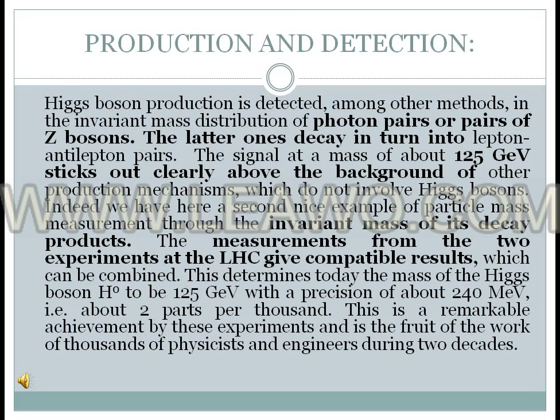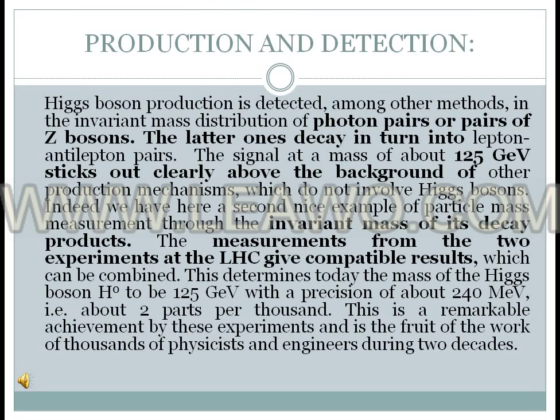The measurements from the two experiments at the LHC give compatible results, which can be combined. This determines today the mass of the Higgs boson to be 125 GeV with a precision of about 240 MeV, that is about 2 parts per thousand.